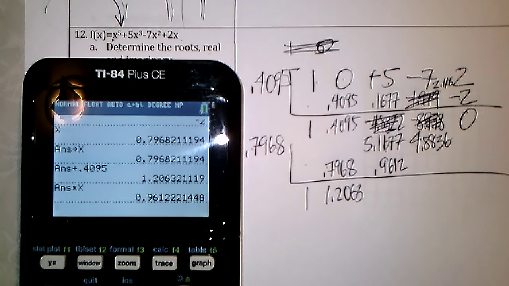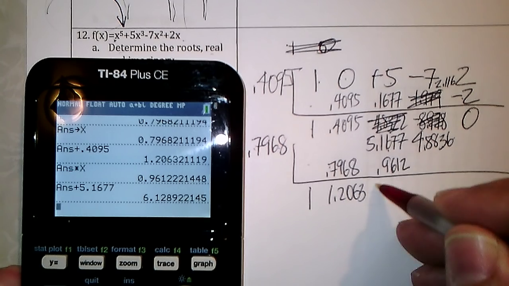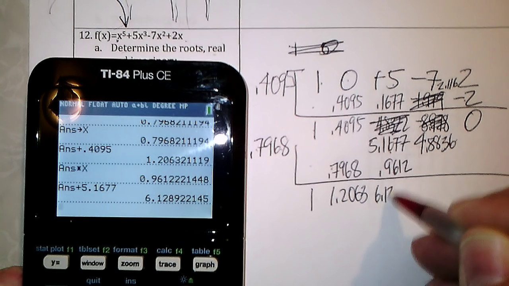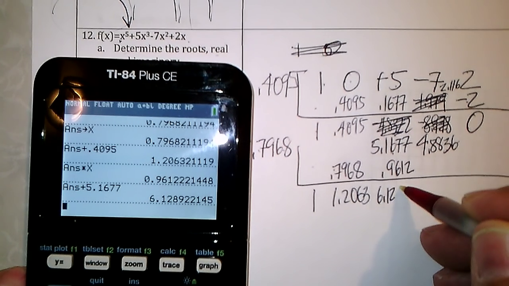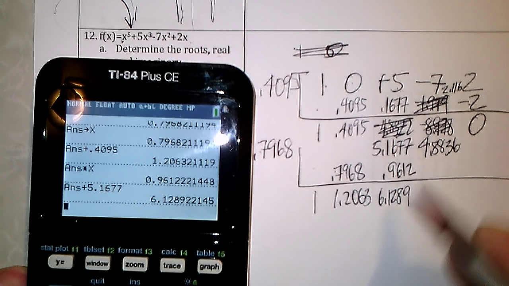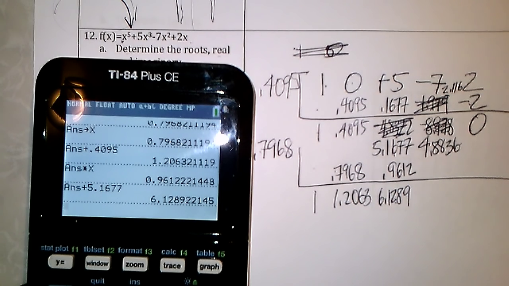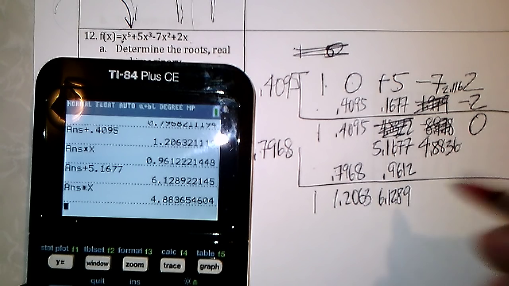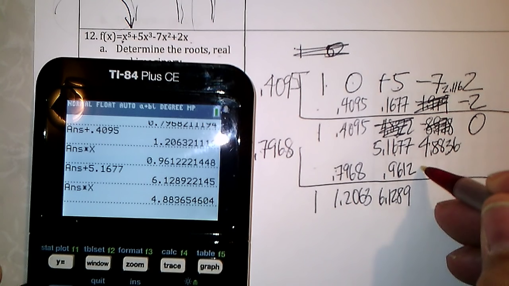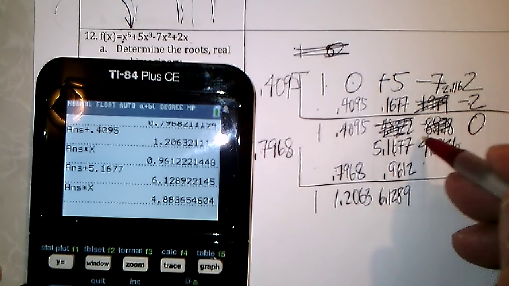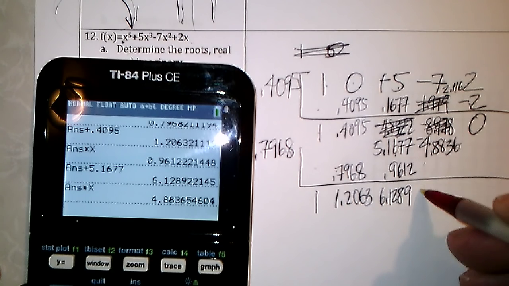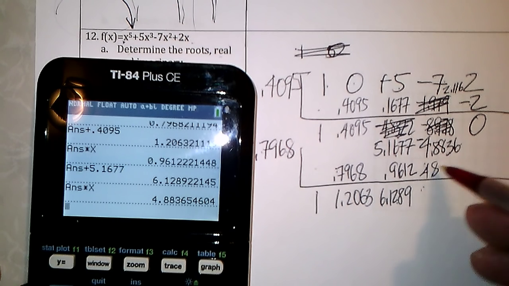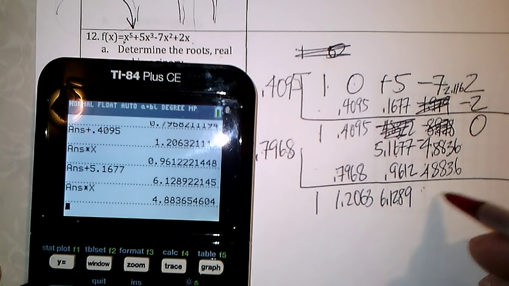I got to add it to that, plus 5.1677, and I get 6.1289. I got to take it times the x, and this was minus, and so I get 4.8836, which is 0.